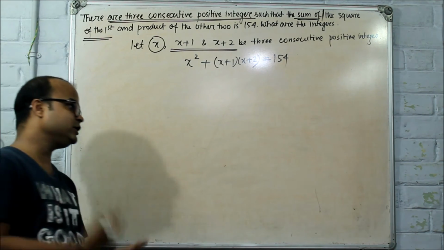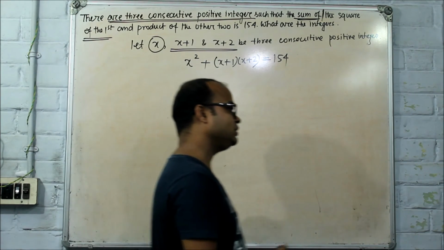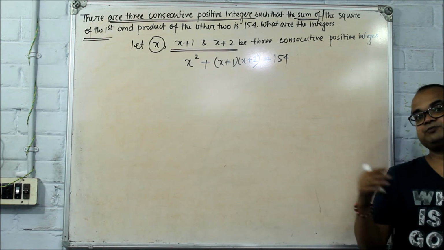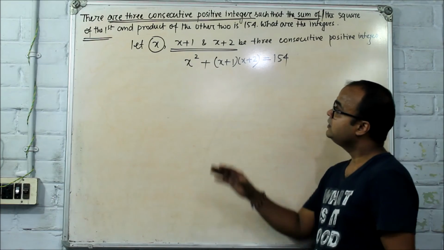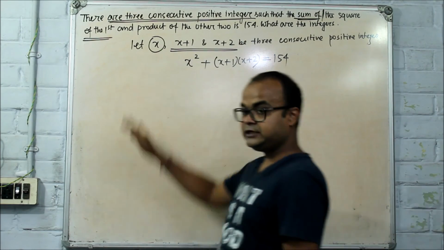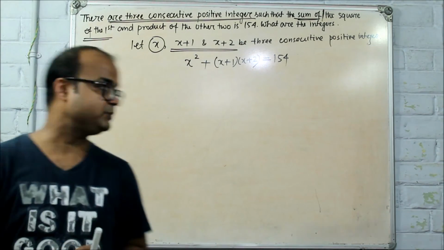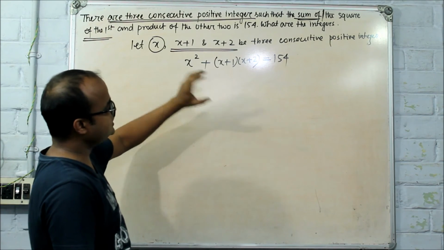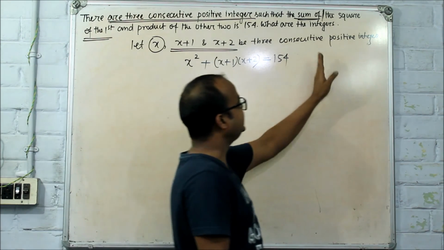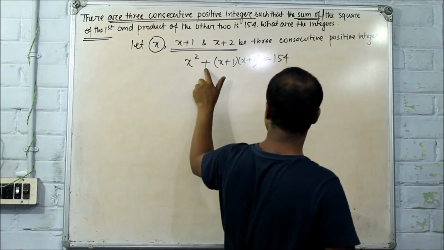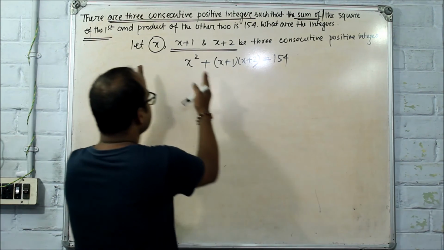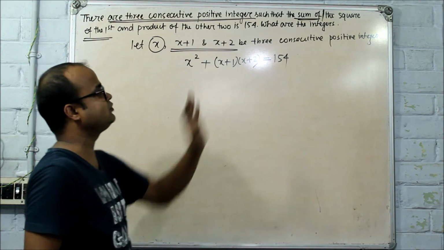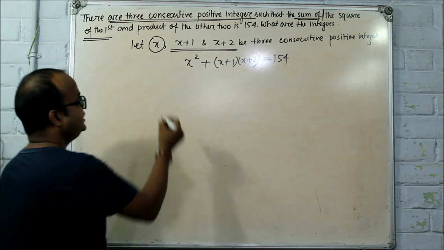There are three consecutive positive integers. Three consecutive integers, natural numbers or whole numbers, we always consider as x, x plus 1 and x plus 2. Now the second condition again: the sum of the square of the first and the product of the other two is equal to 154.